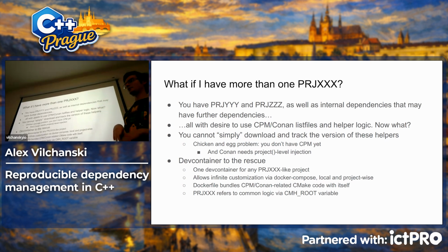And then you have one single variable, for example, CMake helpers root or this repo root, which you pass. Here it's called CMH, like CMake helpers, but maybe it's not the best name for it anymore because it has dev container config in it. So it's just basically like a development setup for any kind of project.